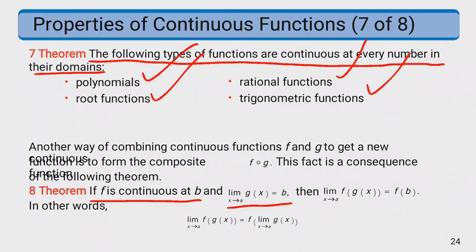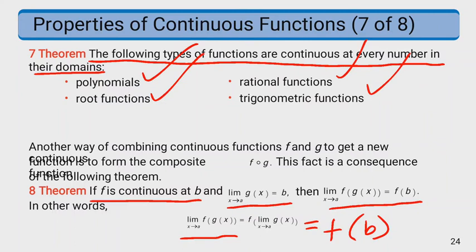Then we can conclude straight away that the limit of f of g of x is equal to f of b. In other words, the limit of f of g of x is the same as passing the limit into f. Then we have f of the limit of g of x, and we know that the limit of g of x is b, so we are left with f of b. So this is how you compute the limit for a composite function.